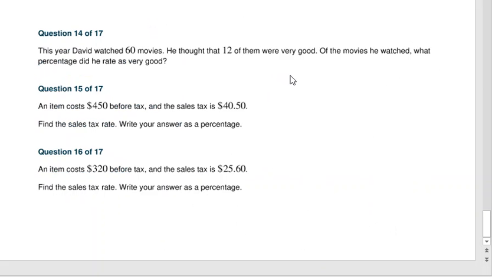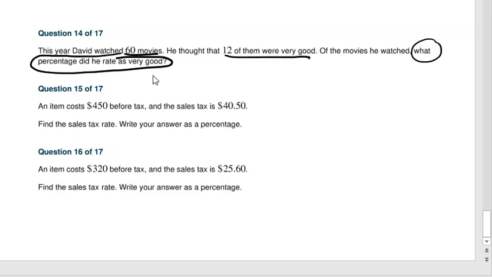Okay, let's look at a few more, and then I think you will be ready to do your own ALEKS assignment. Question 14 says, this year David watched 60 movies, so 60 movies in total. He thought that 12 of them were very good. Of the movies he watched, what percentage did he rate as very good? Okay, so 12 out of 60.